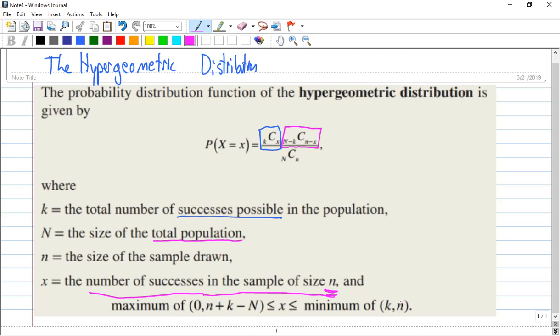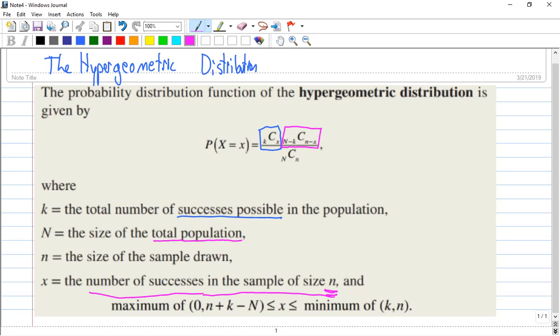Most of the times that's not really going to make that big of a difference. It's a little confusing there at the bottom. I'm sure you could word a problem in such a way that you'd have to worry about that, but most of the times you're not going to have to. But the number of successes in the sample size n is what the little x is equal to.